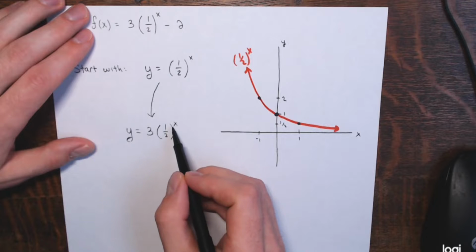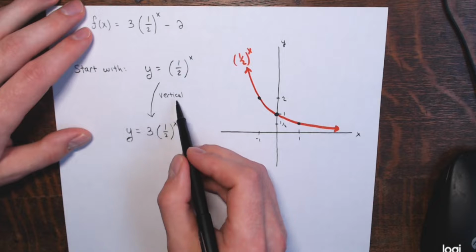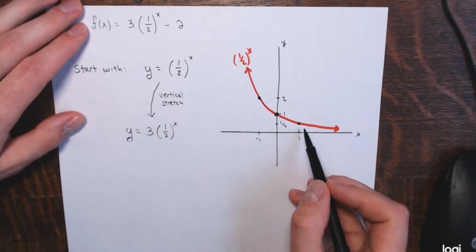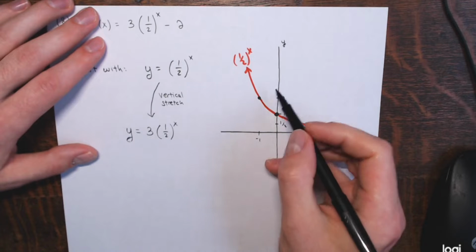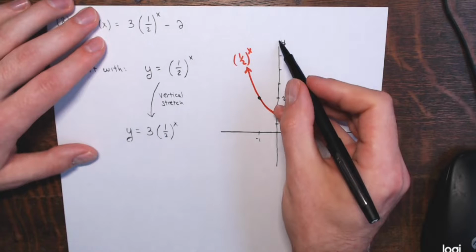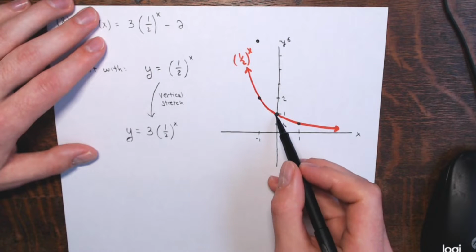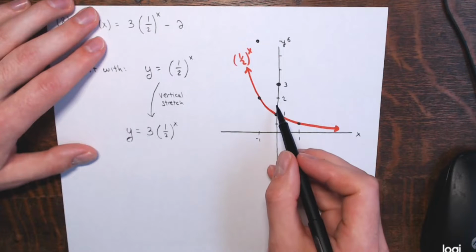This is just going to cause a vertical stretch by a factor of 3. So all the y coordinates on these points get multiplied by 3. Instead of (-1, 2), it'd be at (-1, 6). Instead of (0, 1), it'll be at (0, 3) for the y-intercept. And instead of (1, 1/2), it'll be at (1, 3/2), which is 1.5.